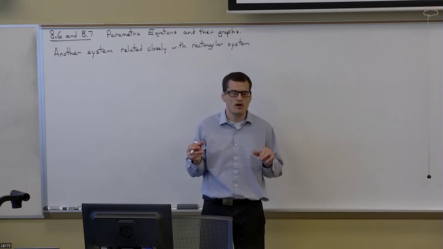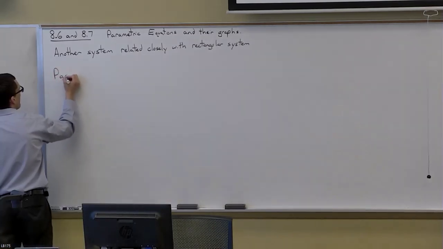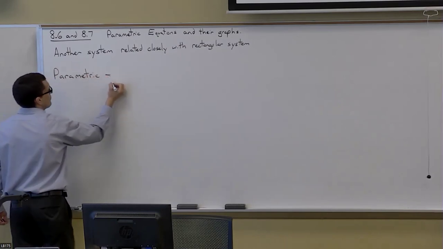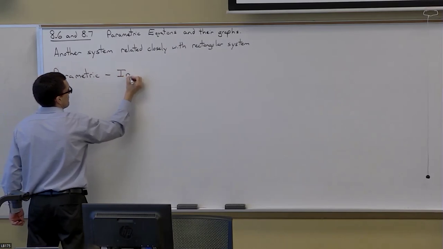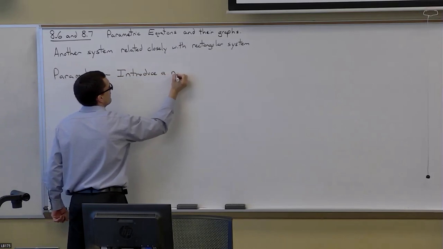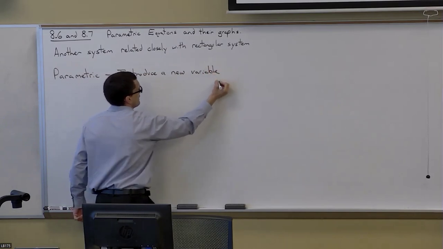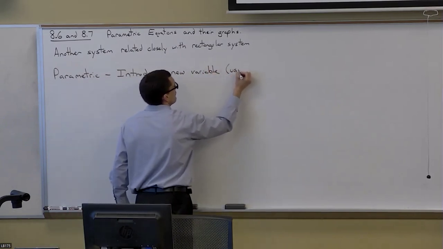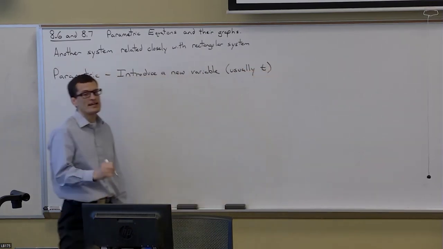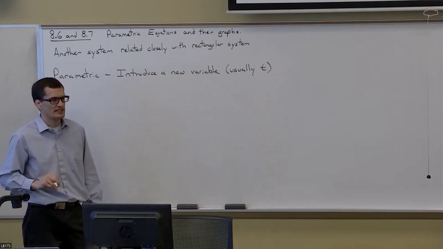All right? With parametric, we introduce a new variable. Usually, that variable is t. On occasion, it's also going to be theta. That's somewhat confusing, I know that. But usually it's going to be t.